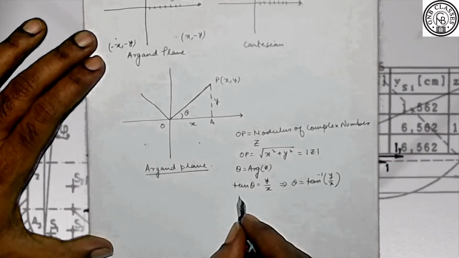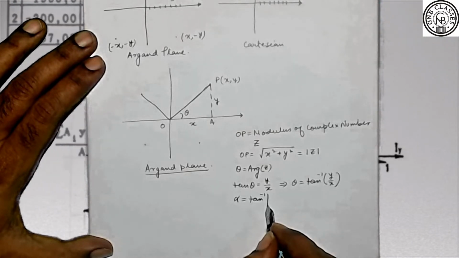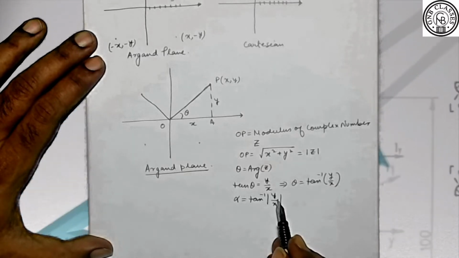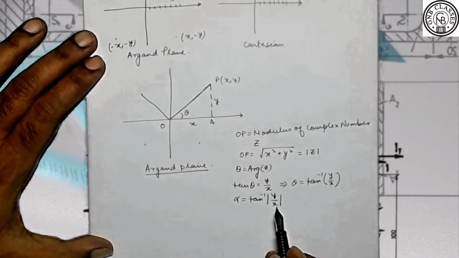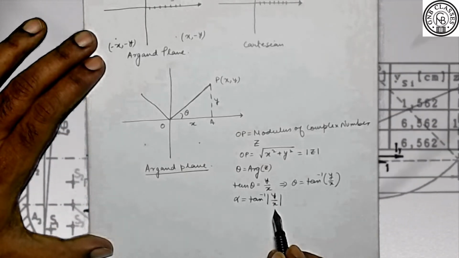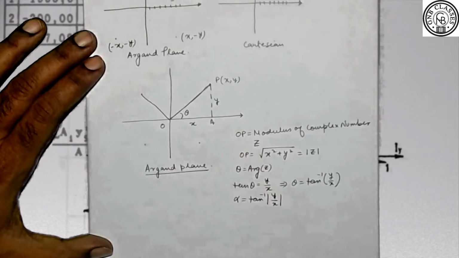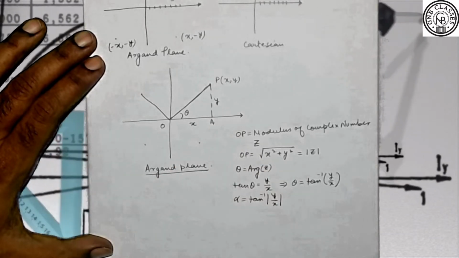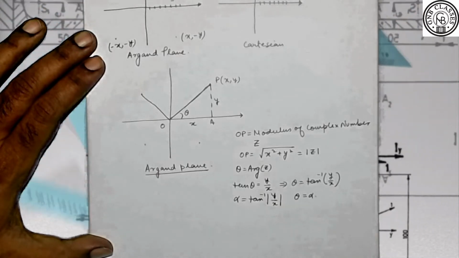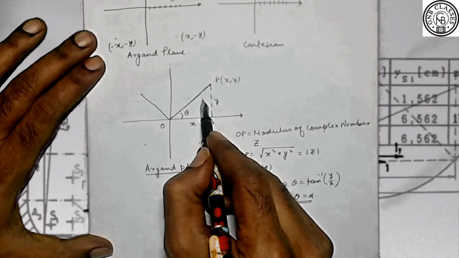Now let me define an angle alpha which is tan inverse mod y by x. Why have I given mod of y by x? Because irrespective of the sign of x and y, we are always taking its positive value. Now, when the point is in the first quadrant, you observe carefully, your theta will be equal to alpha.